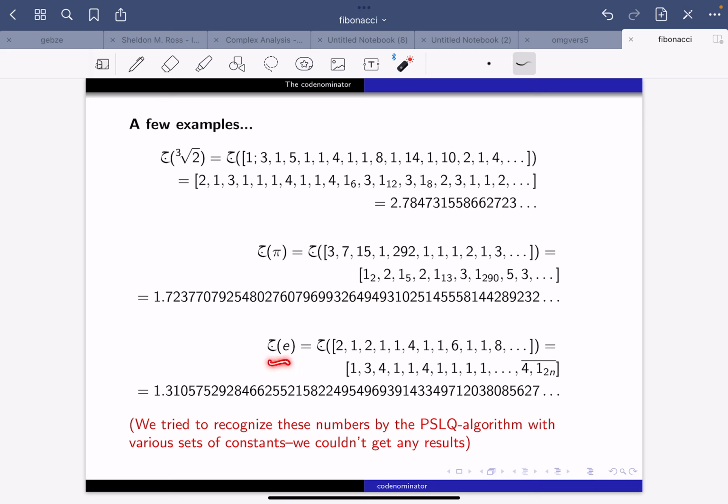And Jimm of e is this number, which also must be transcendental. So we tried to see if we could identify these numbers in terms of some algebraic expressions and rational numbers, etc. And we ran the PSLQ algorithm on them, but we failed to recognize these numbers. So these numbers appear to be totally new constants of real numbers.